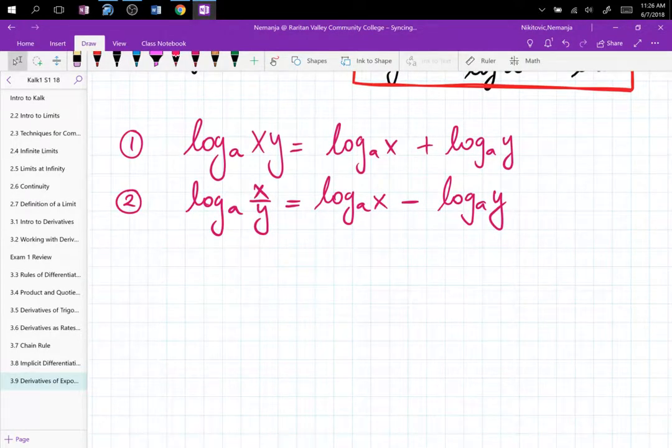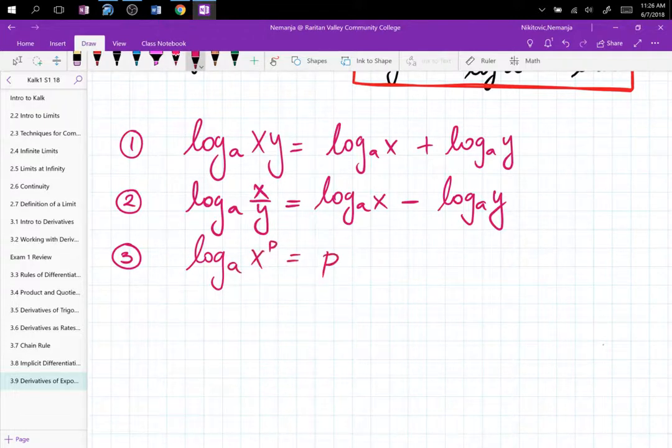So multiplication goes into addition of logs, and division in the argument goes into subtraction of two logs. And finally, we have number three, log of any base a of x to the power p. P gets kicked in front of the log, and you just have p times log a of x.